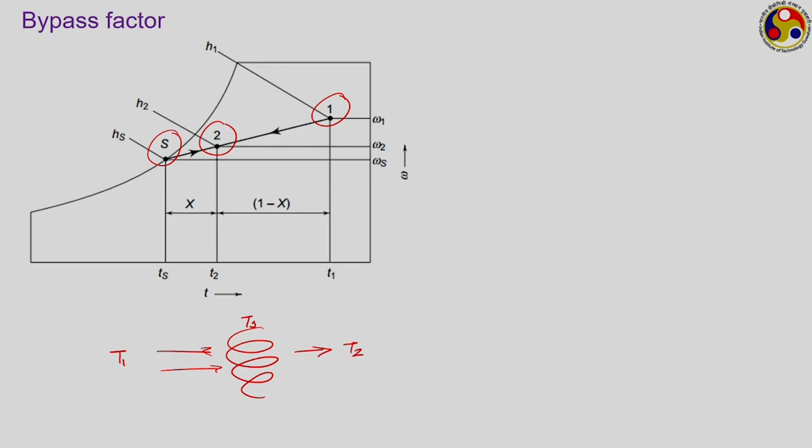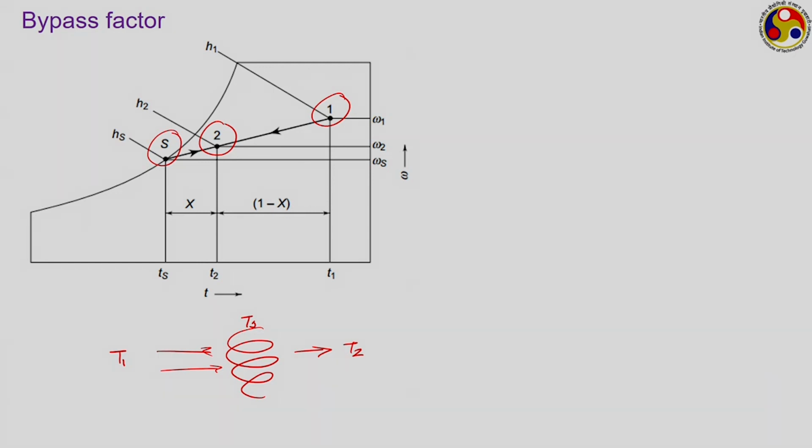One stream, which has not come in contact with the cooling coil, continues with temperature T1; the other fraction, which is coming in contact with the cooling coil, has reduced to the temperature Ts. So, this T2 of course will be located somewhere along this straight line joining 1 and S, and the position of this point 2 will definitely depend upon what fraction of air is coming in contact with this cooling surface.